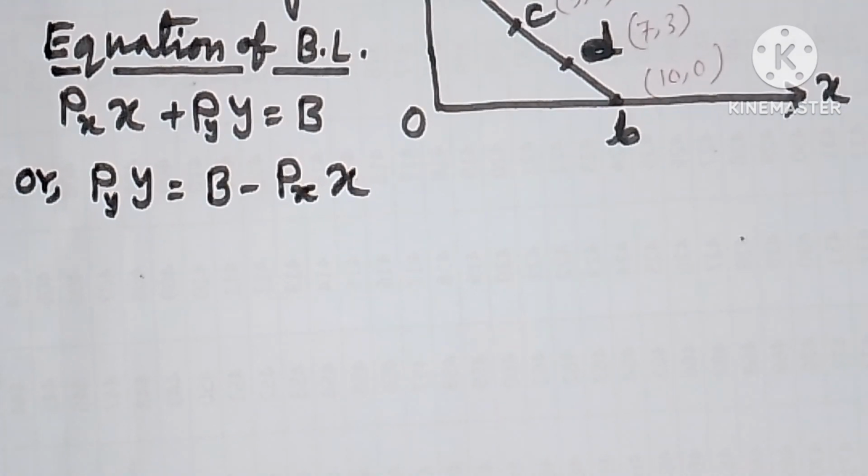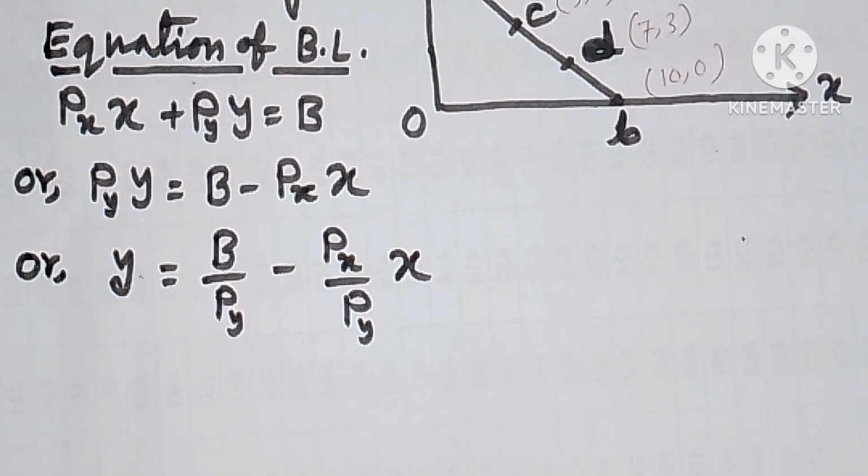By keeping Py into Y on the left side, we can write the equation this way: Py into Y equal to B minus Px into X. To calculate the value of Y, we can write Y equal to B by Py minus Px by Py into X, just dividing by Py on the right hand side.